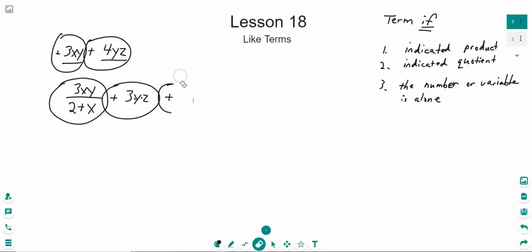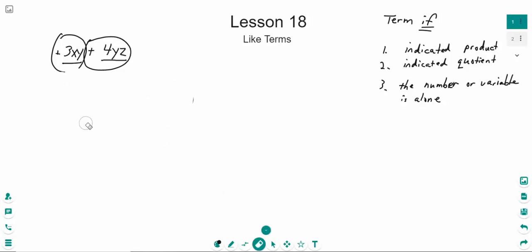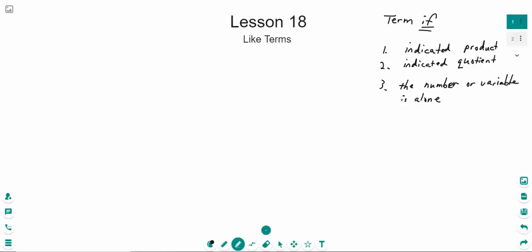Today, we're going to take that one step further, and we're going to talk about like terms. We'll erase this here to give ourselves some room. When we talk about like terms, we're looking for terms, first of all, that have the same variables in them.